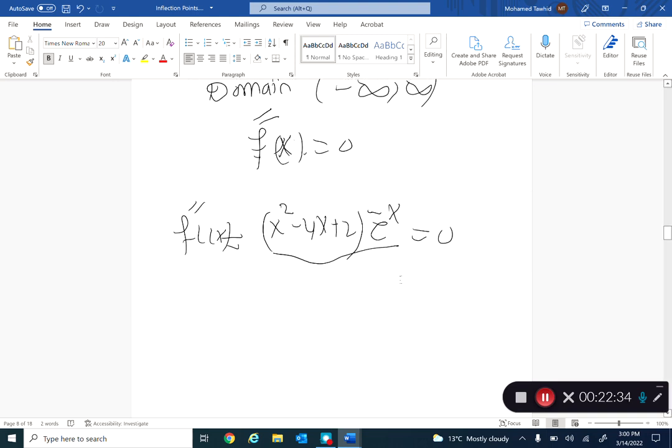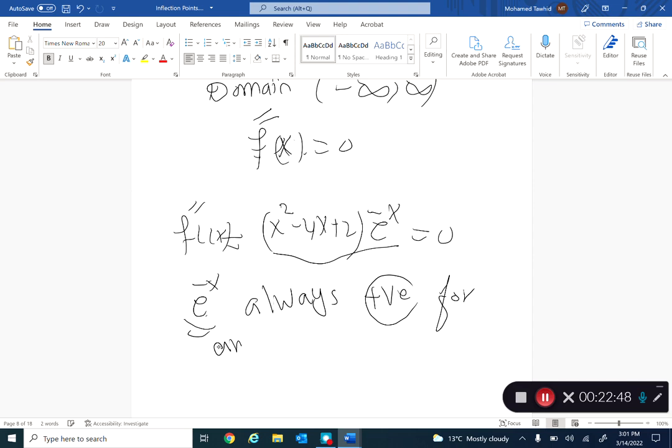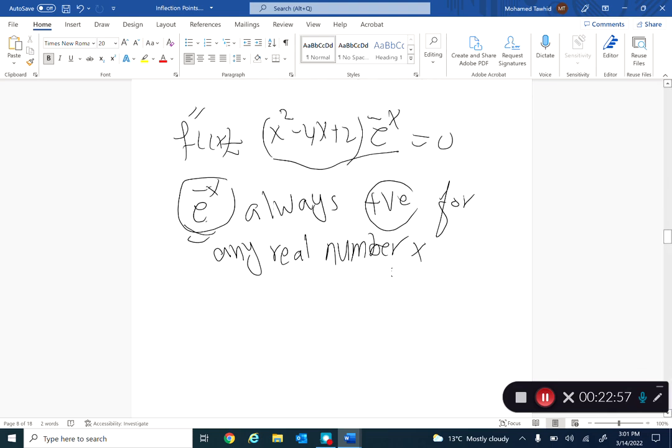So now, what do you know about e to the negative x? If you look at my previous classes or lectures, you have e to the power x. Here it's always positive for any real number x, all right? If you take x equals 0, you find it's positive. If you take x equal 1, positive, x equal negative 1. So when I take x equals 0, you have e to the power 0, which is 1.